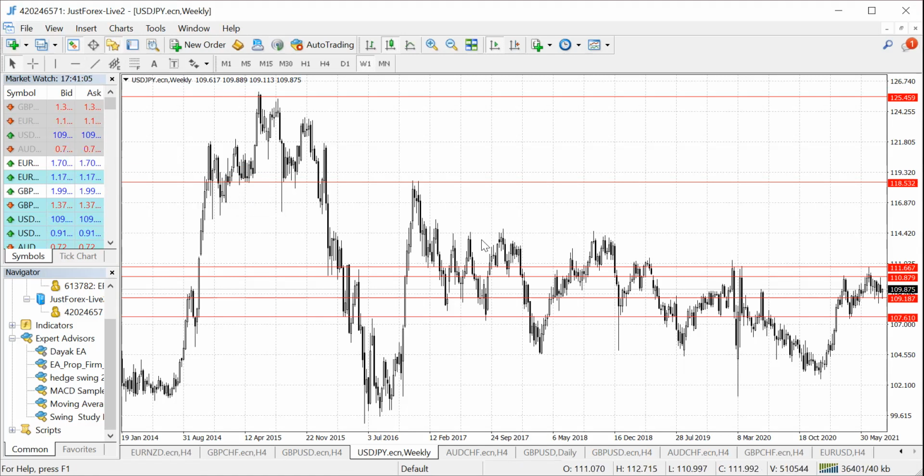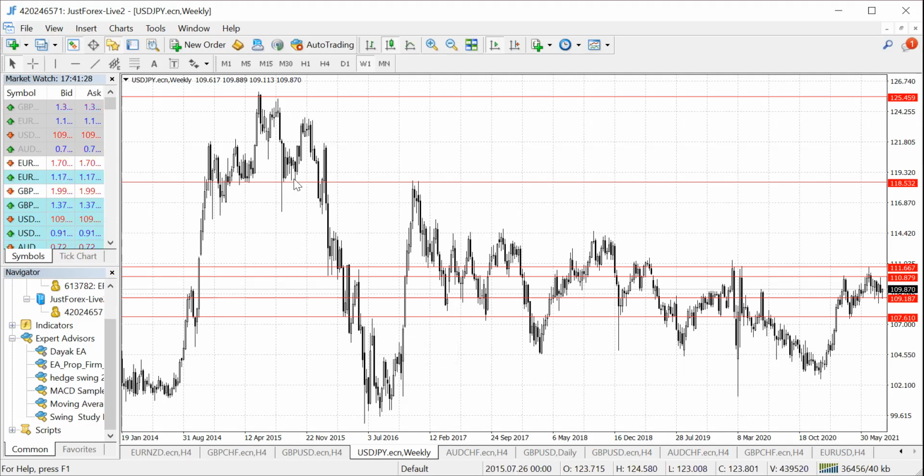Now, I'll check from the weekly time frame. What I'm doing is just marking the zones, support and resistance, marking the zones where there's confluence or where price has retested several times. That qualifies to be either my support or my resistance zone.